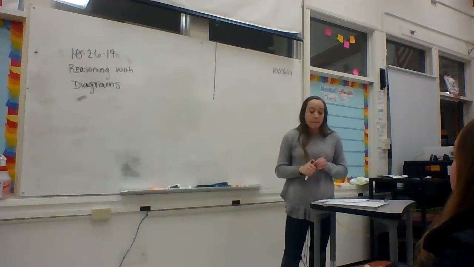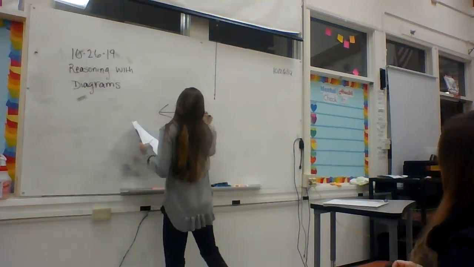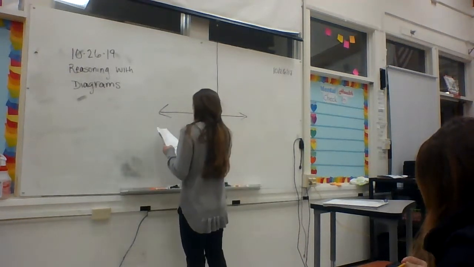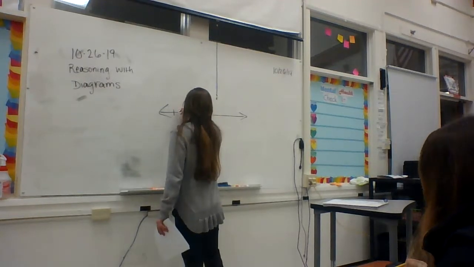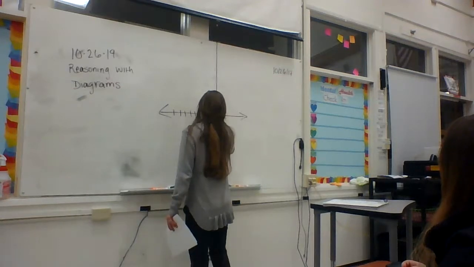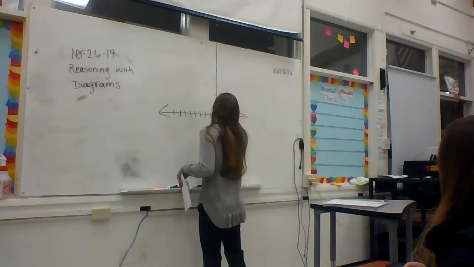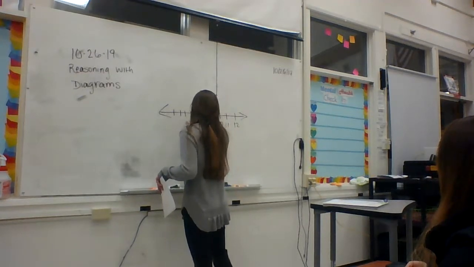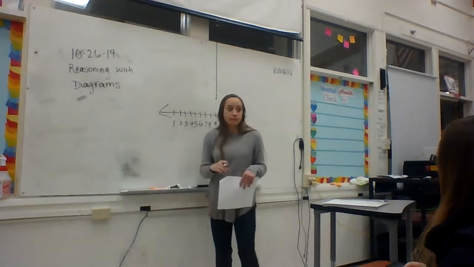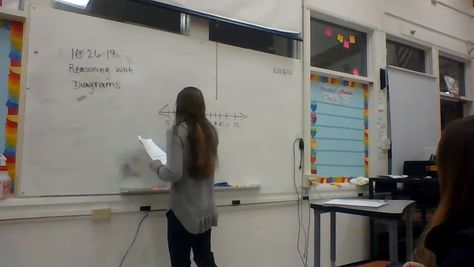Let's go to a number line really quick. Okay, so this is 12. You gotta have 0, of course.